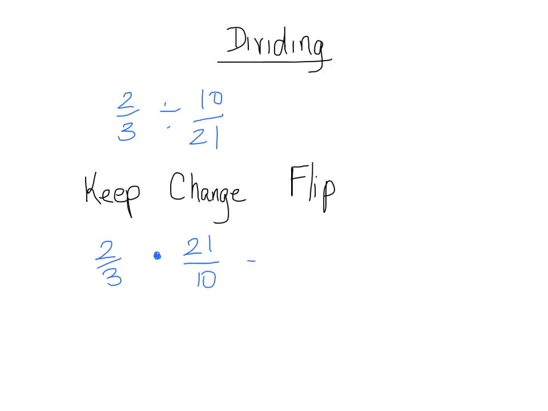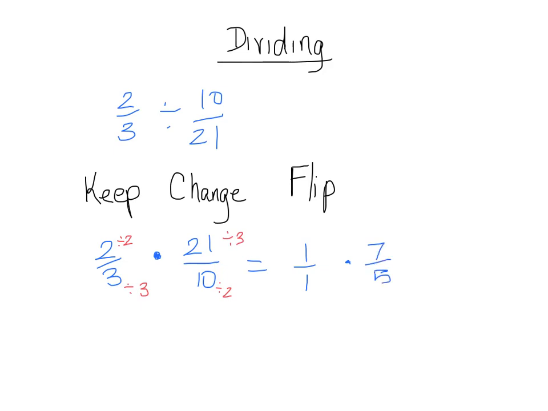Now we can go ahead and cross simplify, because these numbers are kind of large, so it would be easier to cross simplify first. Dividing the numerator here by 2, because it's common to both the 2 and the 10, and dividing the denominator here by 3, because it's common to both the 3 and the 21, we get 1 over 1 times 7 over 5.